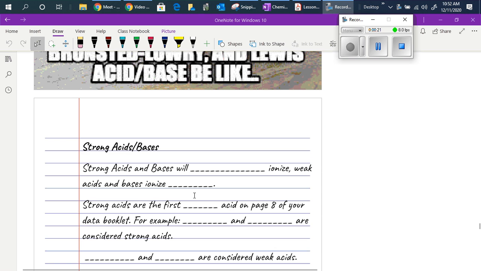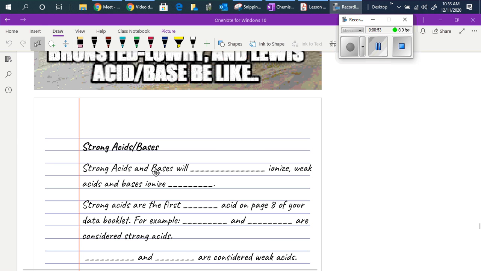Now, when we see the list of acids on pages 8 and 9 of your data booklet, you will notice at the last column of that table that the value of Ka is very large for some acids that are above the hydronium ion, and then you have a given value for the other acids that are below the hydronium ion.